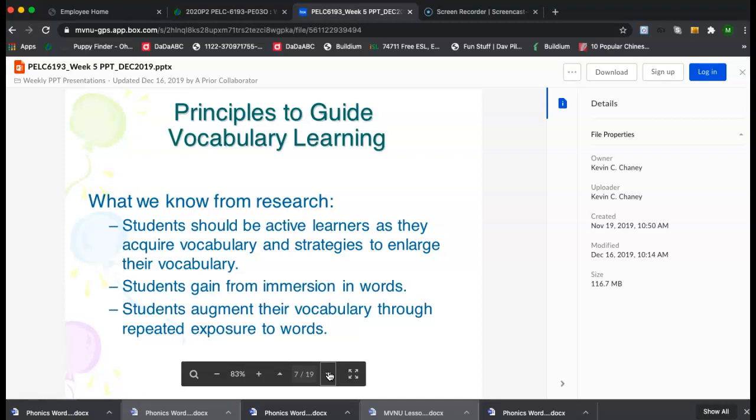That does not mean writing down a word and then copying the definition. That is not active learning. That's memorization. Students gain vocabulary learning from immersion in words. Students augment their vocabulary through repeated exposure to words.